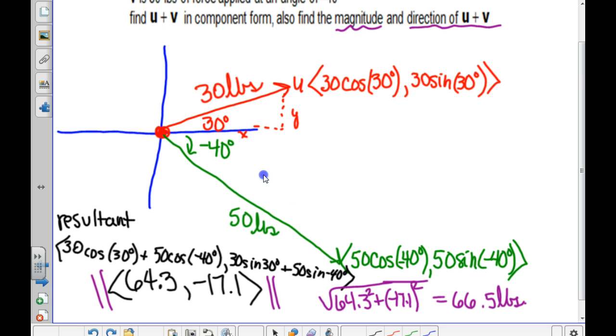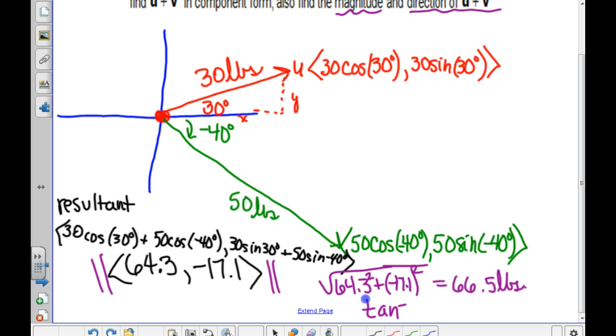Does it seem like, well, let's finish and then we'll draw our resultant in, but they're almost pulling in the same sort of direction, right? So it seems like the final fling was going to be more than 30 or 50 pounds of force. Okay, how do we do the direction thing?